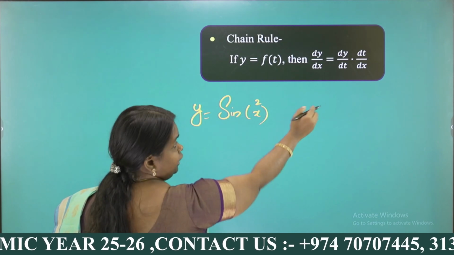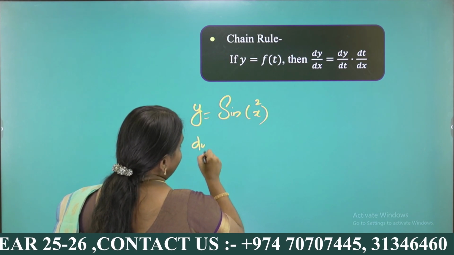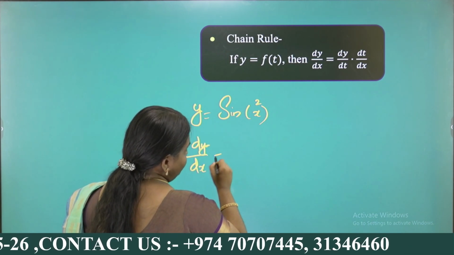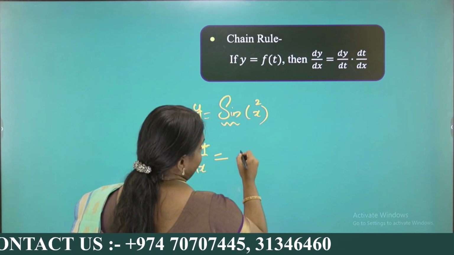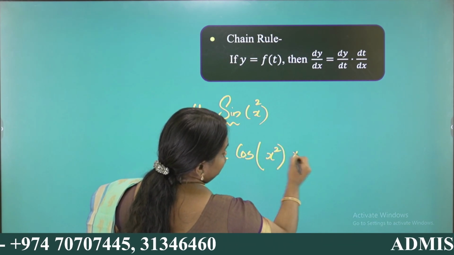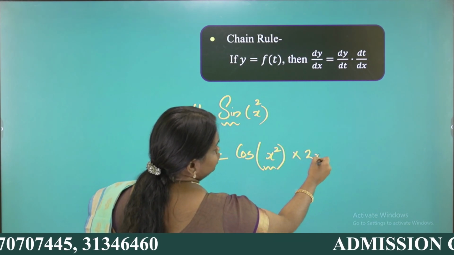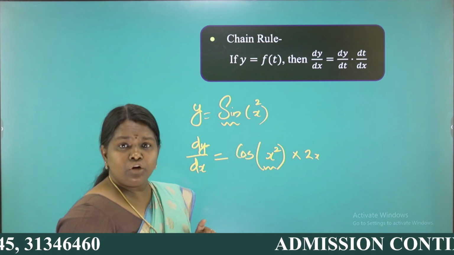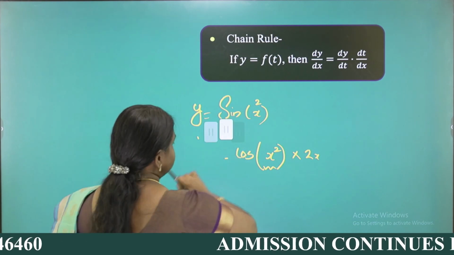dy by dx equals, we will first differentiate sine, which gives cos of x square into the derivative of x square, 2x. Another beautiful version of that chain rule I will give you.